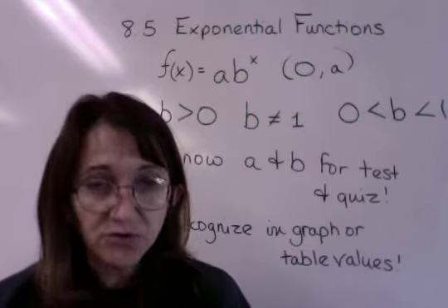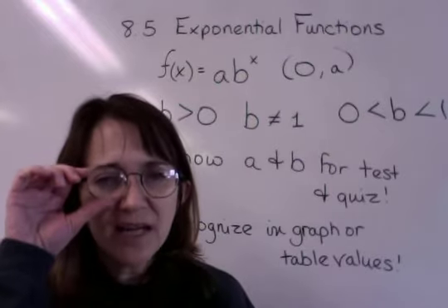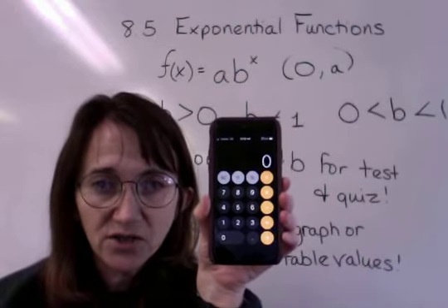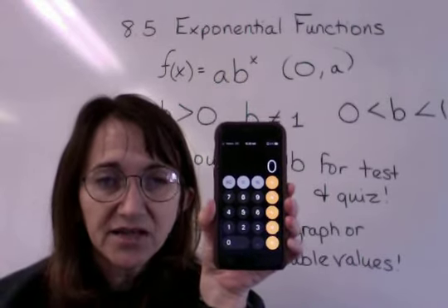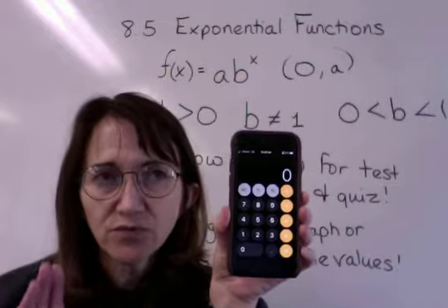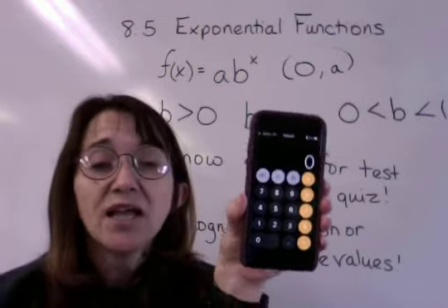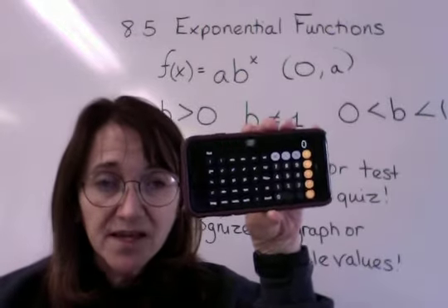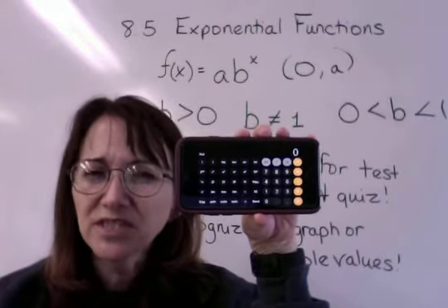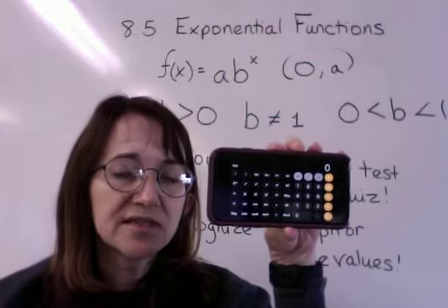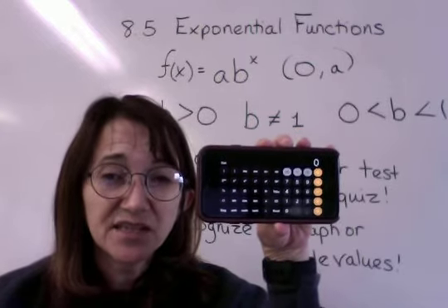Now, most of you might have an iPhone, or an Android, or some type of thing like that, and you know that when you have your calculator, it normally looks like that. Most of y'all know your phones more than I would, but just in case you don't, if you turn your phone, it becomes a rudimentary scientific calculator, which is perfectly acceptable to use for this exponential function.